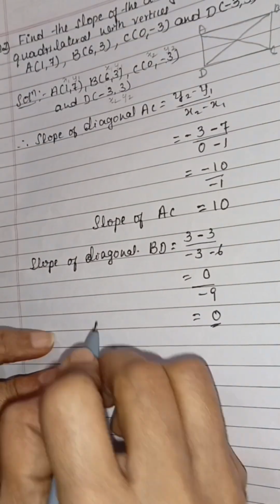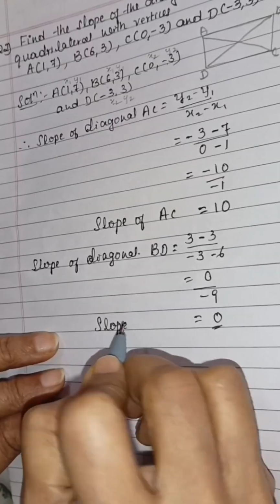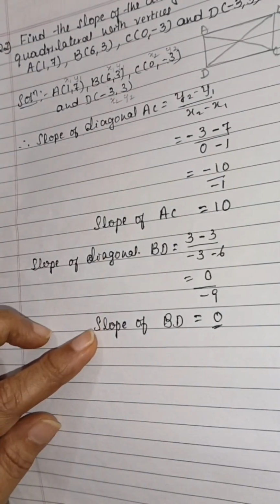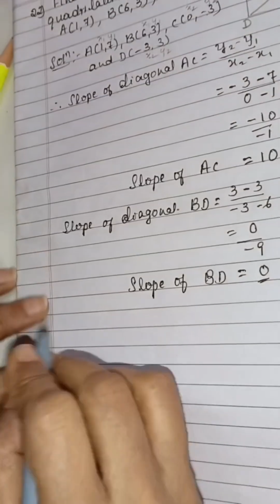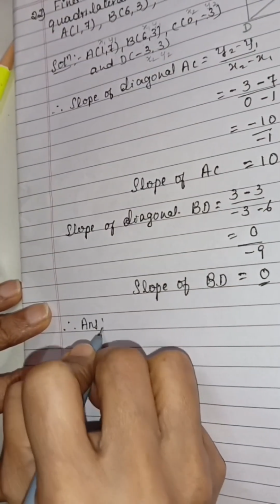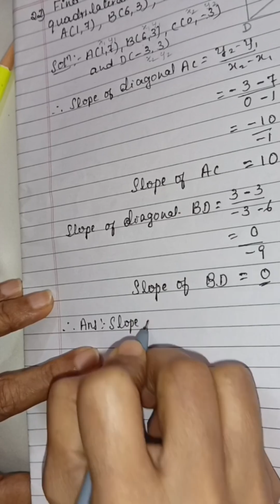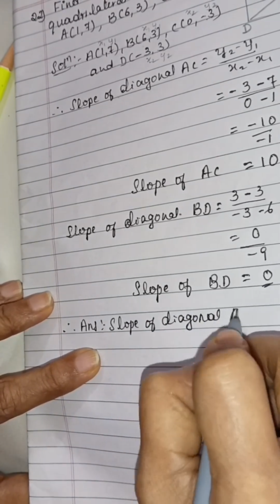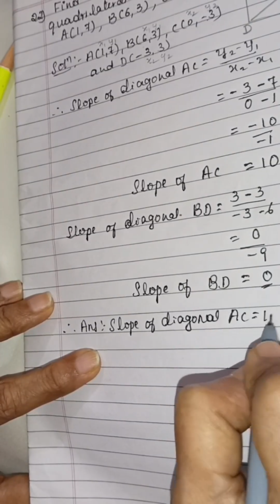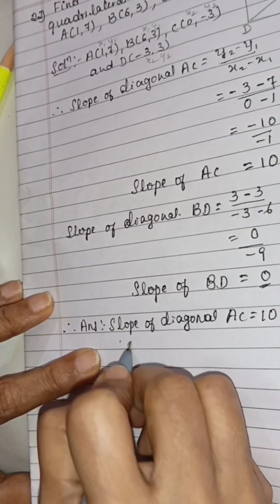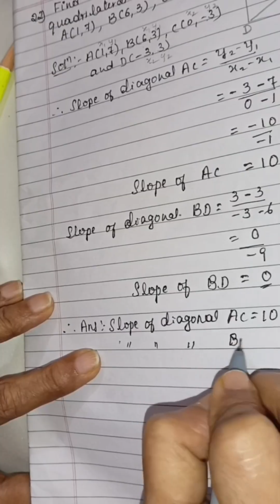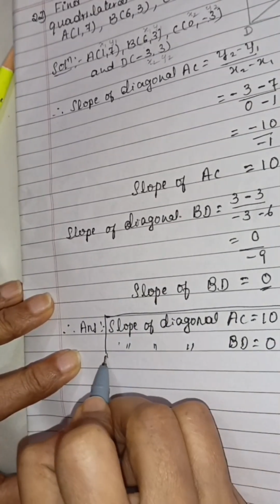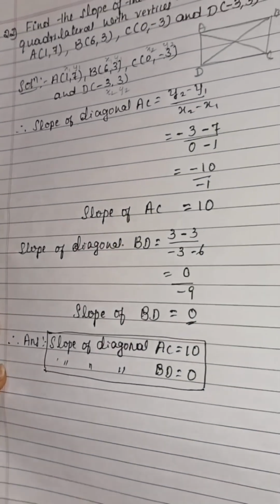Therefore the slope of BD is 0. This is a very easy question. Therefore the answer is: slope of diagonal AC is 10 and slope of diagonal BD is 0. That's it.